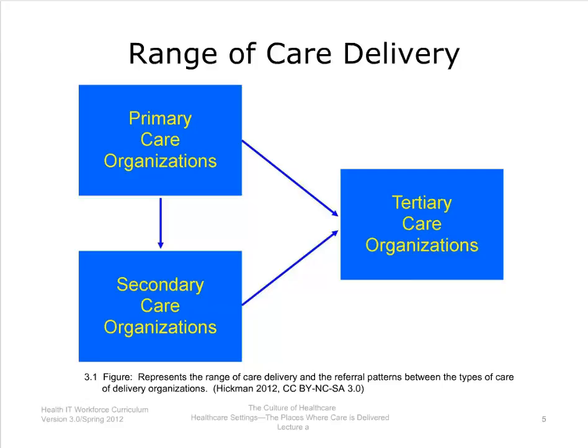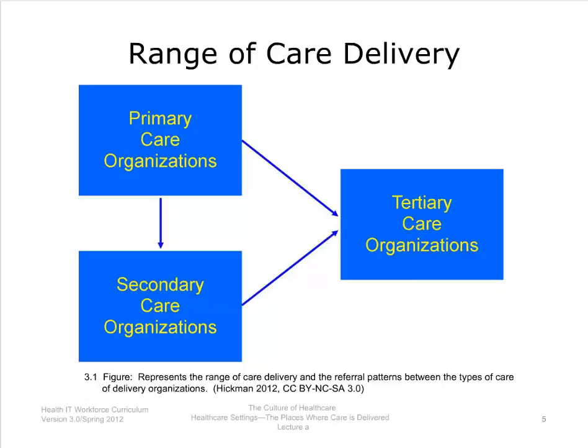Primary care organizations are usually the entry point for healthcare services. Secondary care is most often specialty care. Tertiary care organizations offer diagnostic and treatment options that are not available at most healthcare organizations.